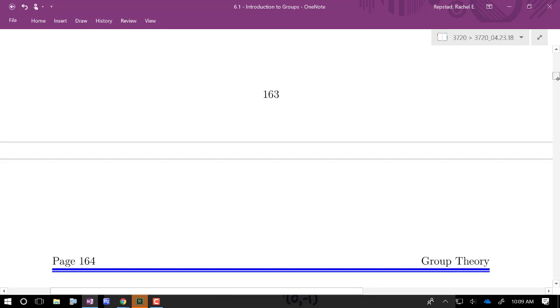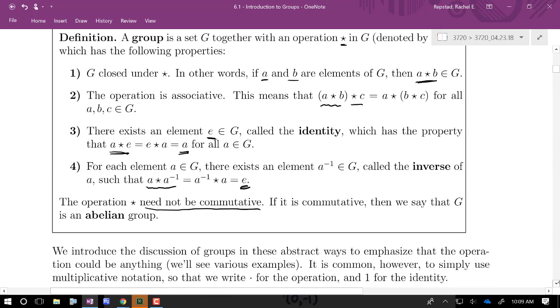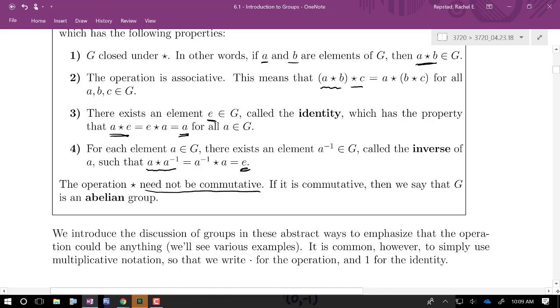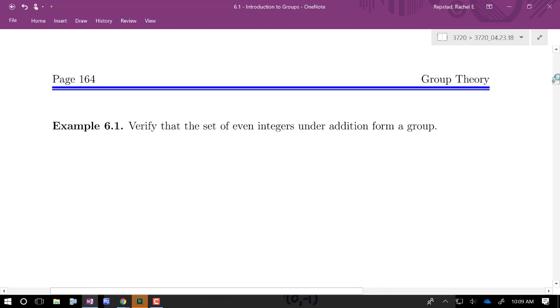I introduced this definition using really abstract notation like E for the identity and star for the operation, because it's easier to think in the abstract. But I'm going to mostly use the multiplication notation, the dot and the 1 for the identity. We should keep in mind that the results we're going to show are true for any group.